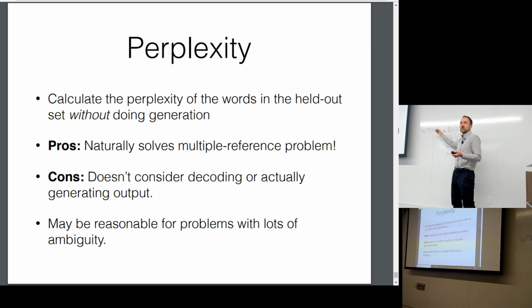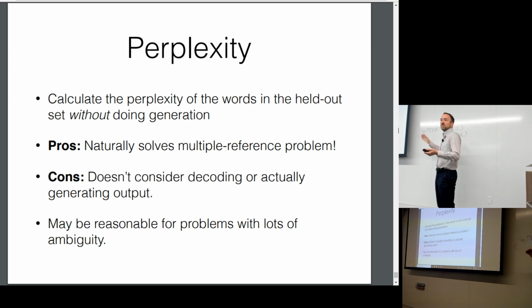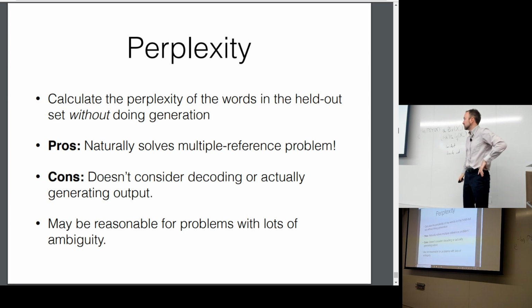You don't even need to look whether you made a bug in beam search or something like this. You just know that your model is not as good because its perplexity is very bad. On the other hand, if your perplexity is good, you might still have a bug in your beam search and be randomly generating wrong things. And you'll never be able to catch that by just measuring perplexities. So that's one good way to divide between the two measures for sequence generation problems.